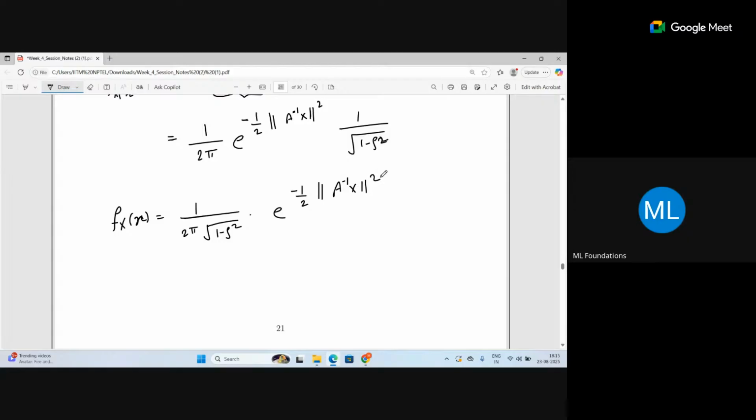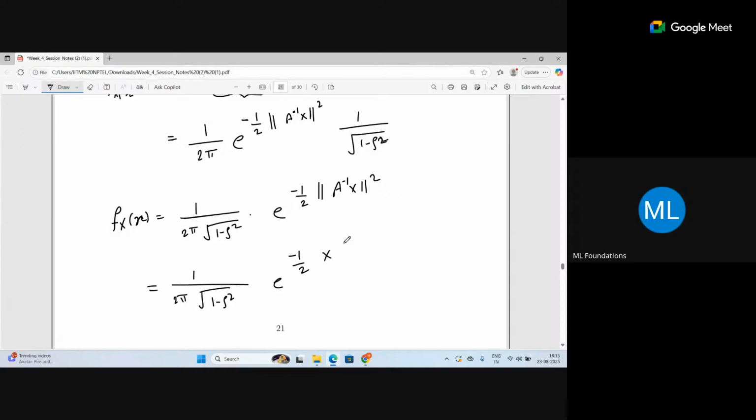Okay, done. Now this norm of A inverse of x, the whole square, how can I write it down? So I can write this in a matrix format like this. Can you tell me if you know? It's fine if you don't know. Transpose into transpose, yes.